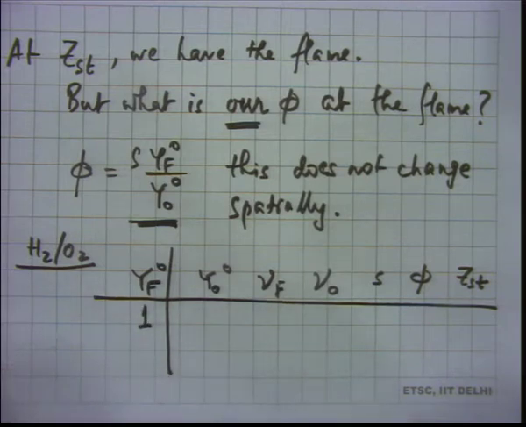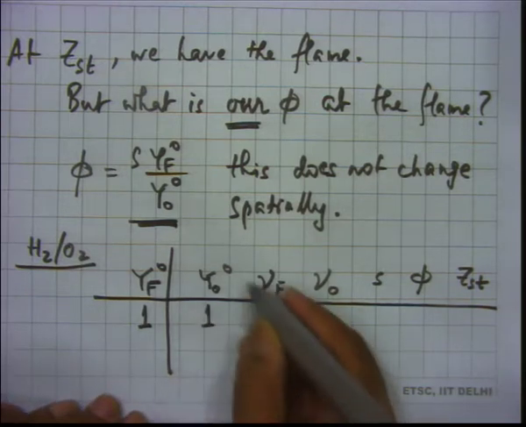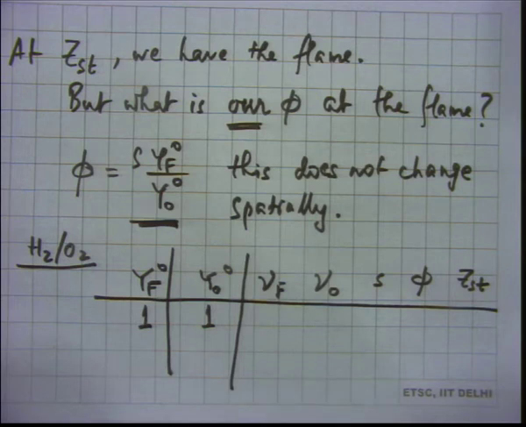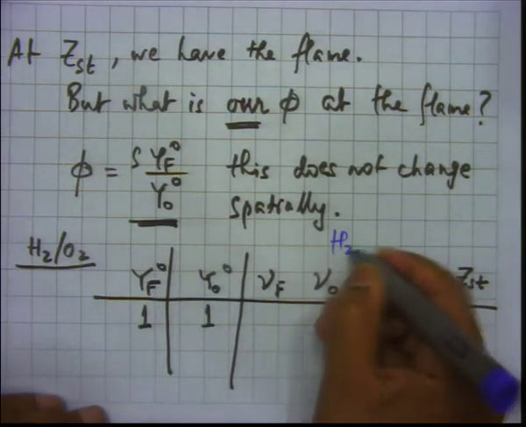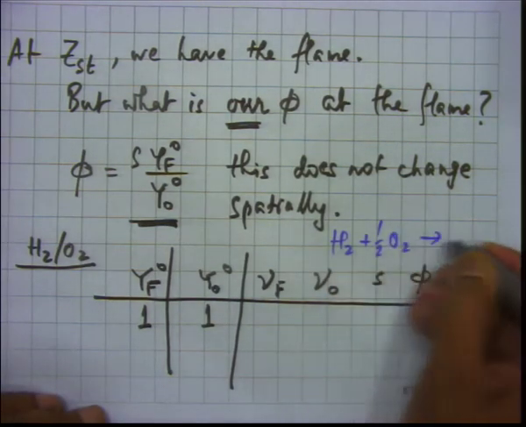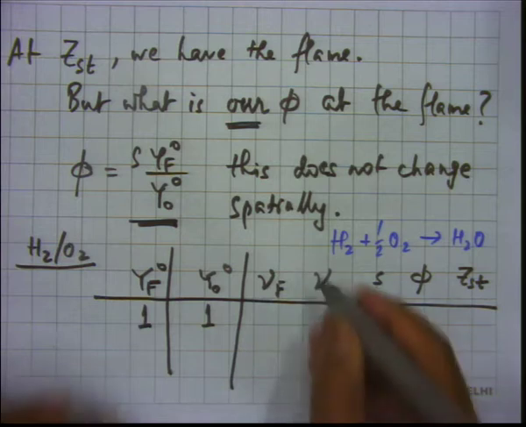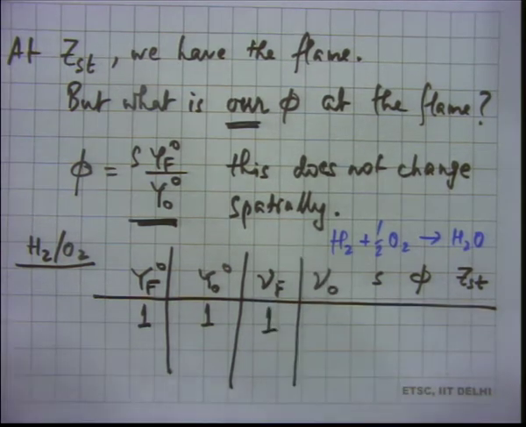What is YF naught again? It is the value of fuel mass fraction in that fuel stream, and let us say YO naught is also equal to 1. What is nu F? Nu F is a coefficient for hydrogen. So, our reaction is of course H2 plus half O2 giving you H2O. So, what is nu F? Nu F is 1.